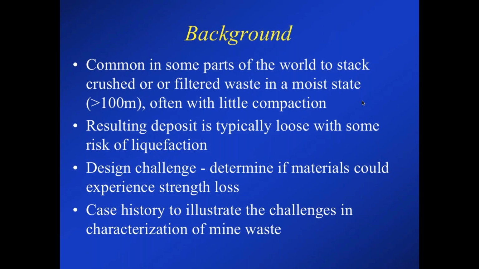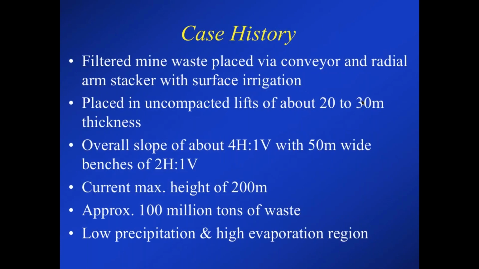So this is a case history where we're going to illustrate some of the challenges of characterizing this sort of mine waste material. This particular case history is a filtered mine waste placed by a conveyor and radial arm stacker with surface irrigation.